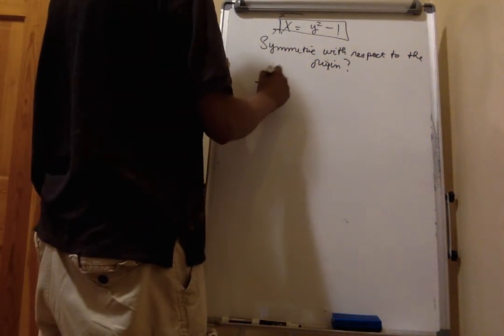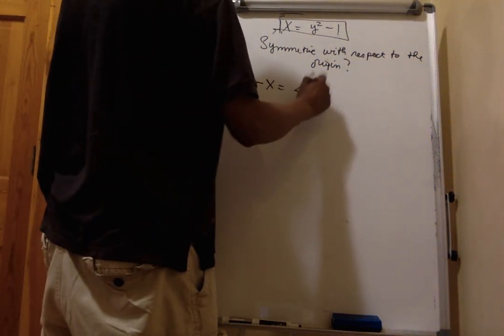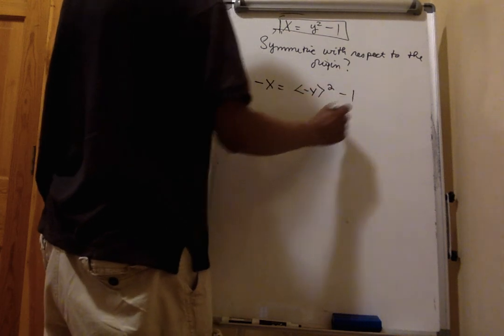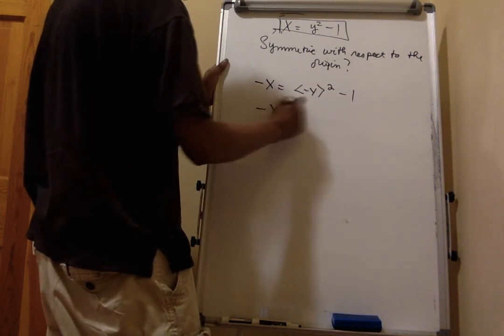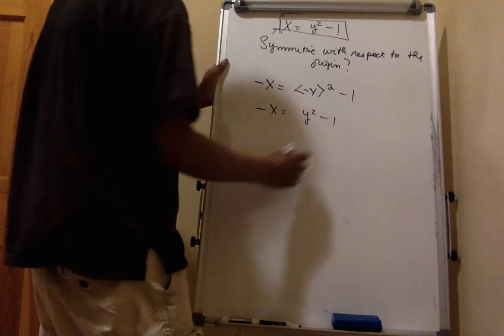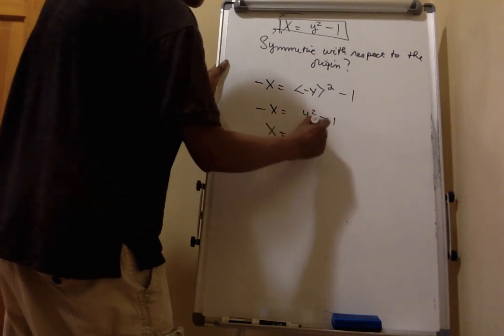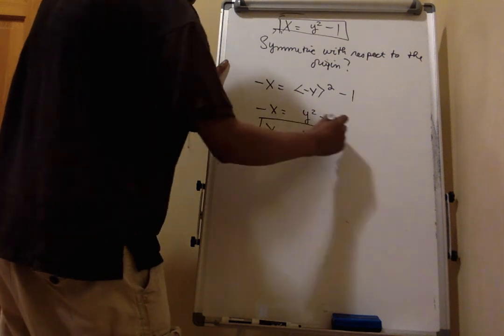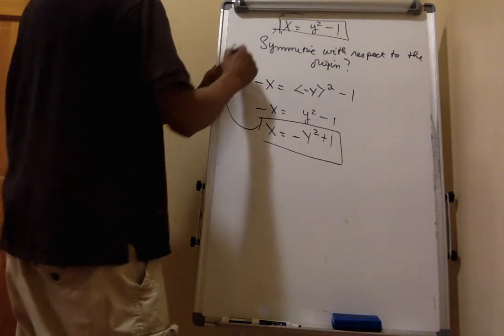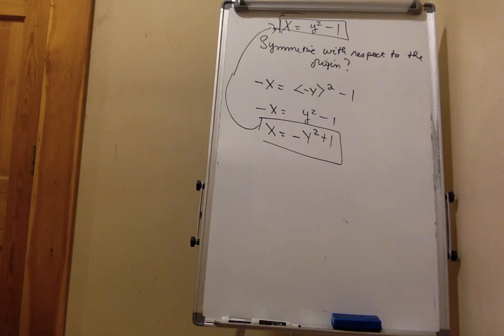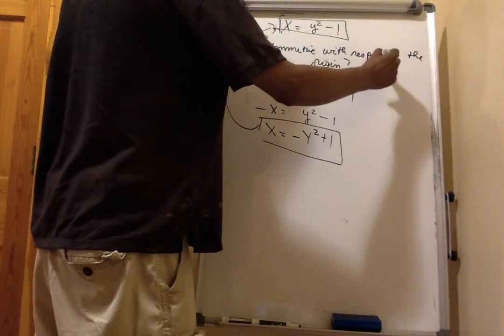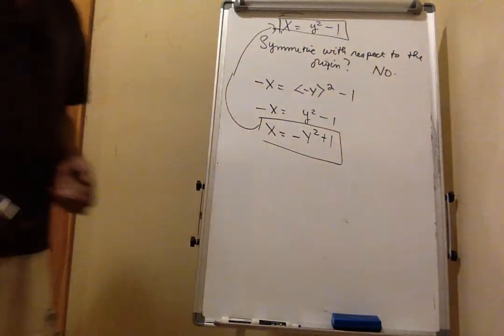So negative x is equal to negative y squared minus 1. So negative x is the same as saying y squared minus 1. Automatically, you know this is not symmetric with respect to the origin because you're going to end up with a non-equivalent equation. So you say no. Okay.